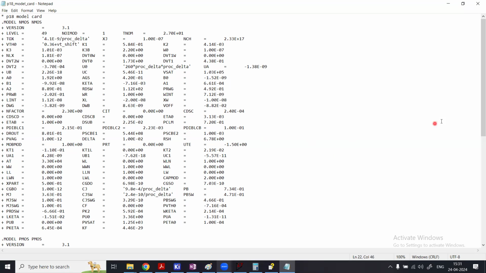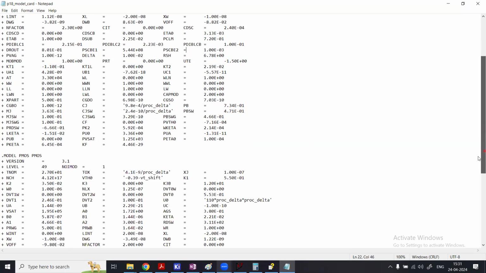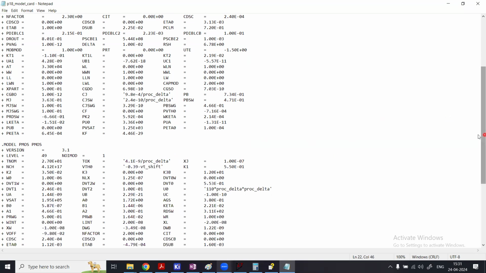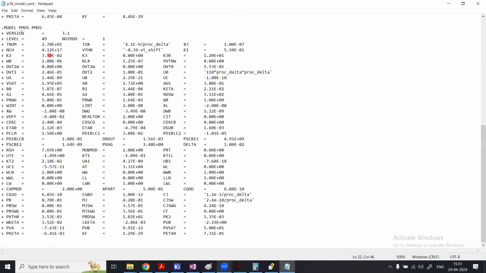And now look, if you scroll down, you have got the model for the PMOS, a similar one, except the syntax. You have PMOS here 2 times. That's the model name and the model type. Version 3.1, level 49. Room temperature is 27 degrees centigrade. Tox is given. VTH here is minus 0.39.